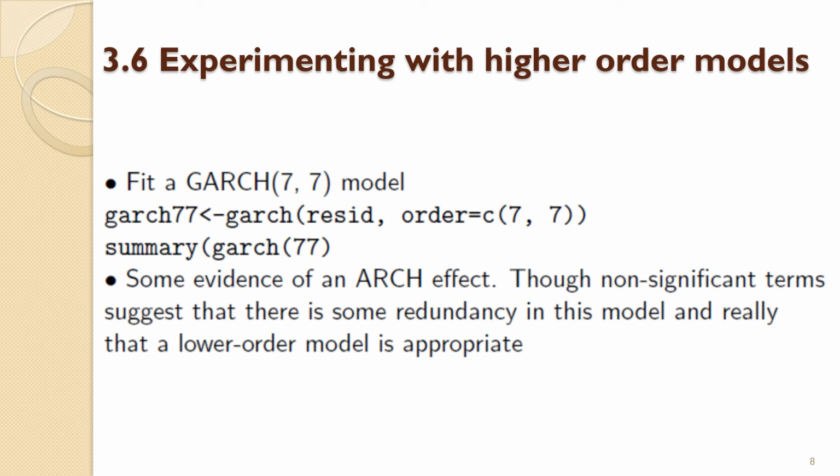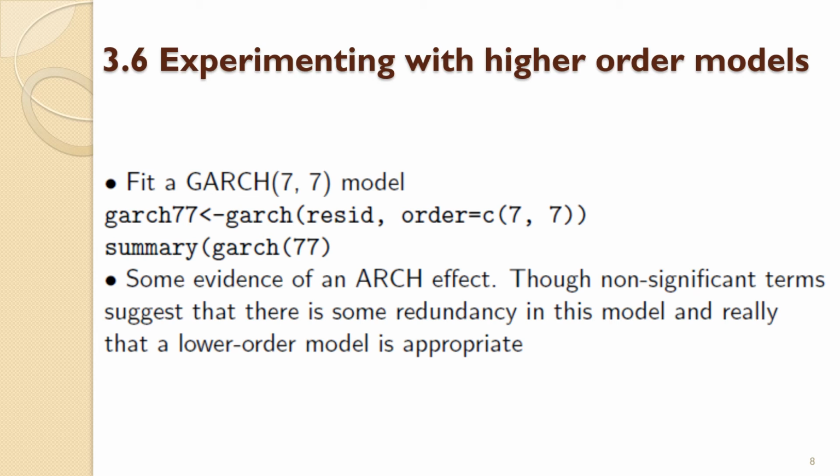So I wanted to give an example here where you experiment with higher order models. There's not necessarily a natural upper limit in terms of the maximum order of these models that will work, although as you increase the order of these GARCH models, you might start to run out of data and encounter numerical problems in the algorithm fitting.